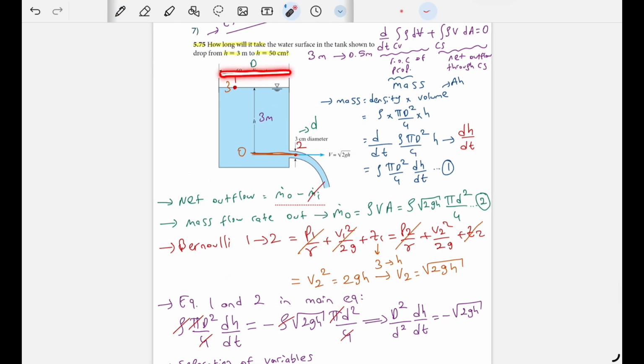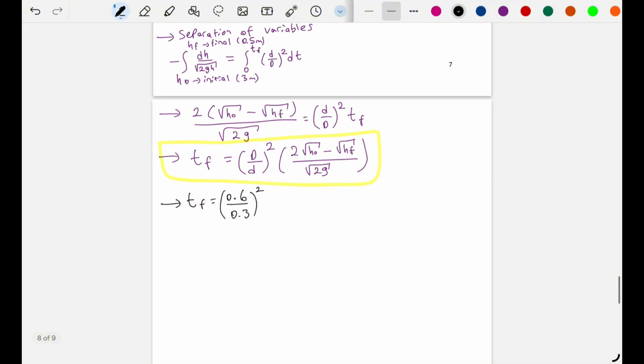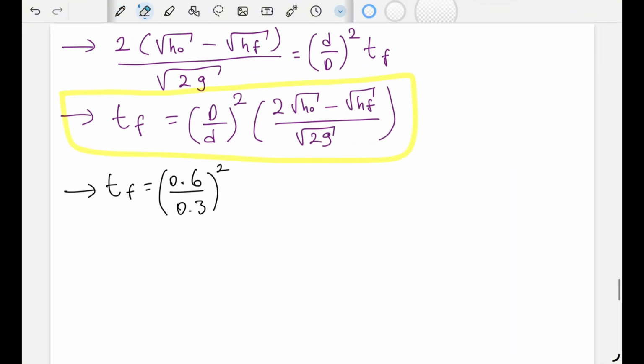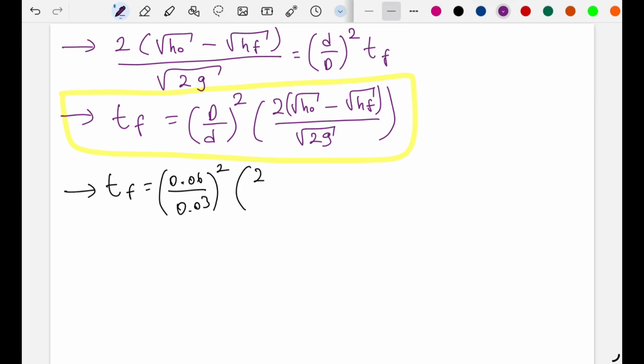We have the diameter of the tank, and we have the diameter of this pipe. This is 0.6 and this is 0.06 and this is 0.03. And we have 2. We had parentheses here.